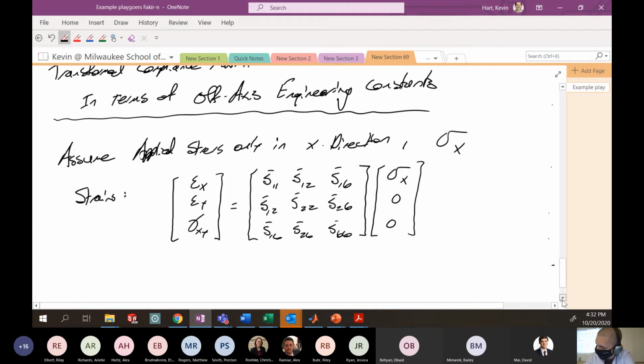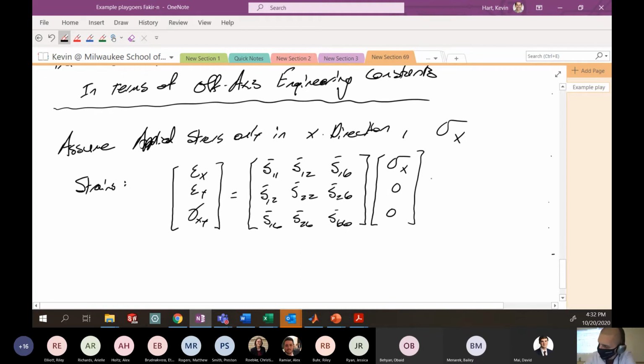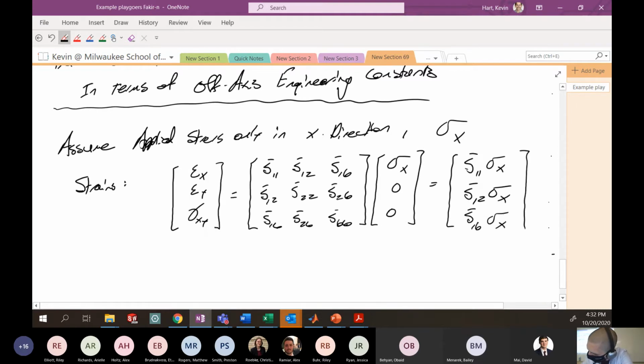And so we already sort of saw this and know that this is going to be something like S bar 1, 1 sigma x, S bar 1, 2 sigma x, and S bar 1, 6 sigma x. Those are going to be our strain in x, strain in y, and gamma xy.